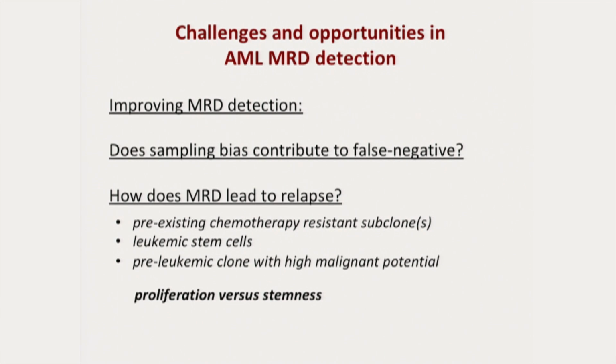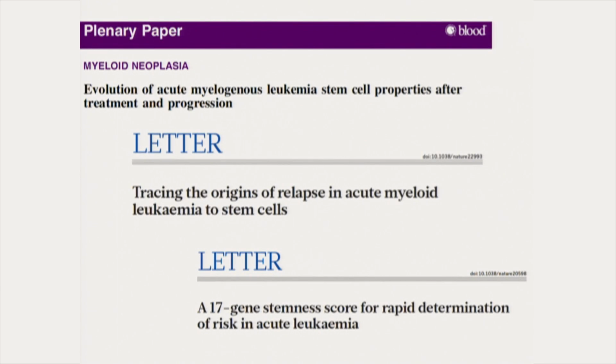And I think that for us as a laboratory, how to characterize MRD can be compared to characterizing the proliferative potential versus their stemness. There is a recent paper published in Nature as well as in Blood. They demonstrate that those stemness features actually can be identified, and you can really characterize them.